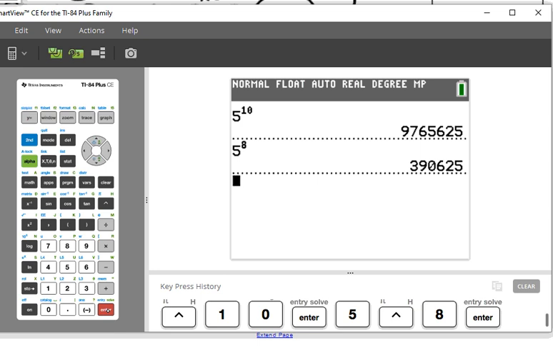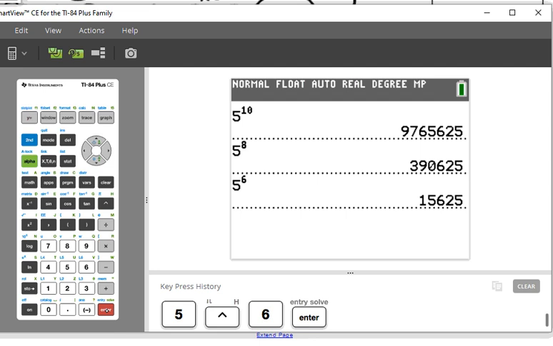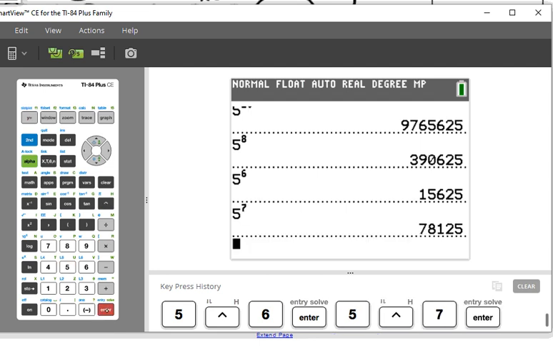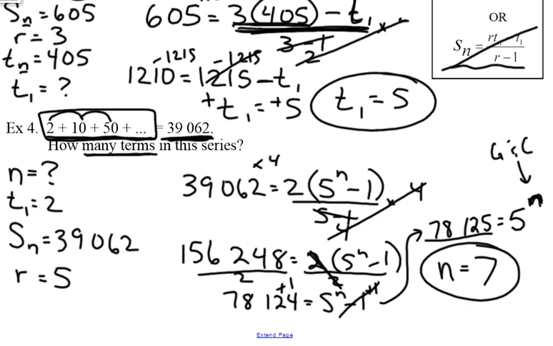Still too many. So let's try 5 to the 6: 15,625. We went too low. Let's hope 5 to the 7 works. 5 to the 7, there's our 78,125. So guessing and checking tells us that our n value is 7. There are 7 terms in this series to get a sum of 39,062.